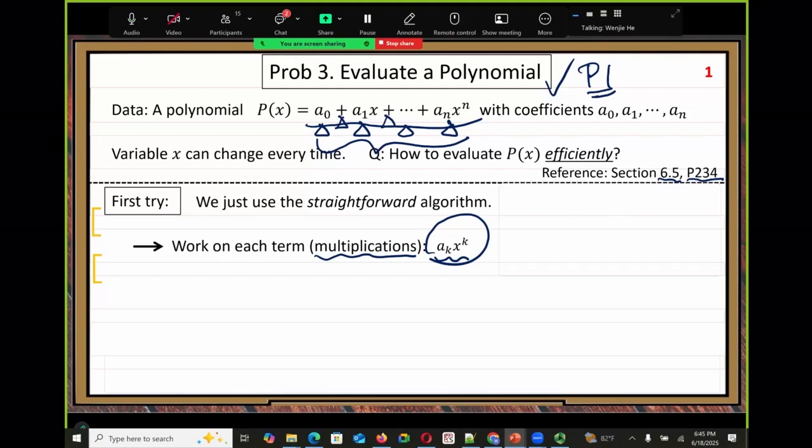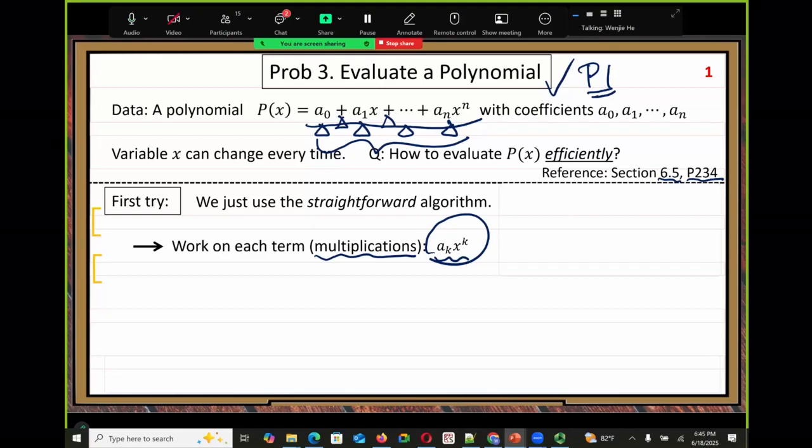So we need to consider the problem solving strategy.